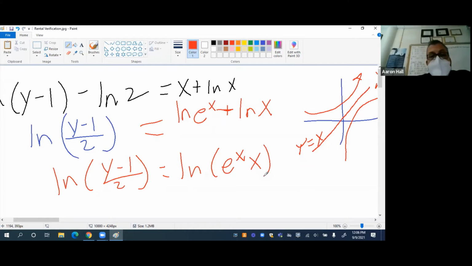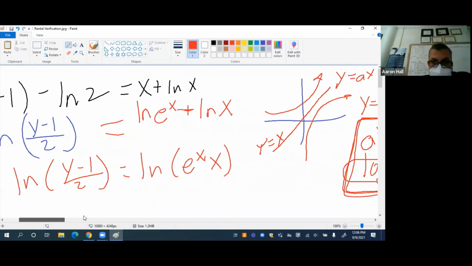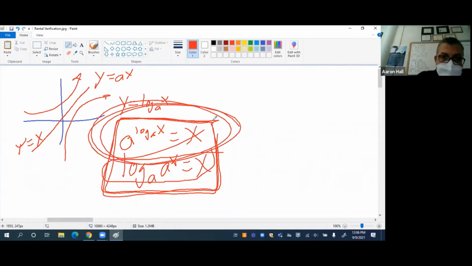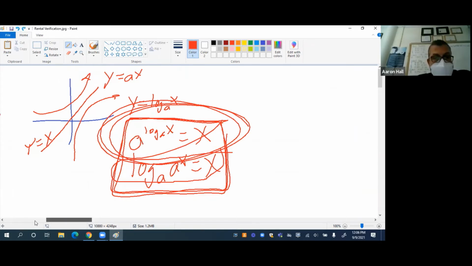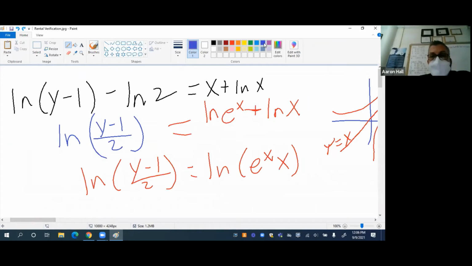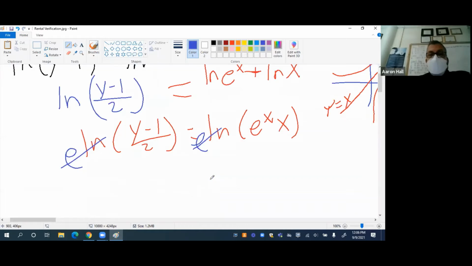Now that I have ln on both sides, consider this idea: if I raise both sides by a certain amount, it'll get rid of the ln. So what am I raising both sides by? e. So I raise both sides by e, these go away, leaving me with (y minus 1) over 2 equals e to the power x times x, correct?